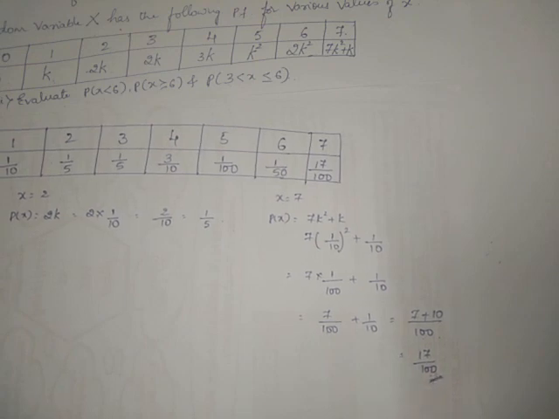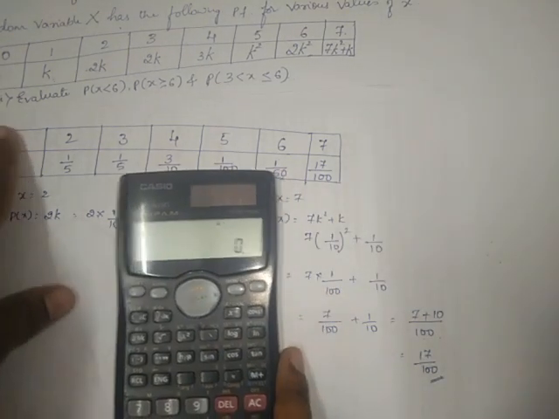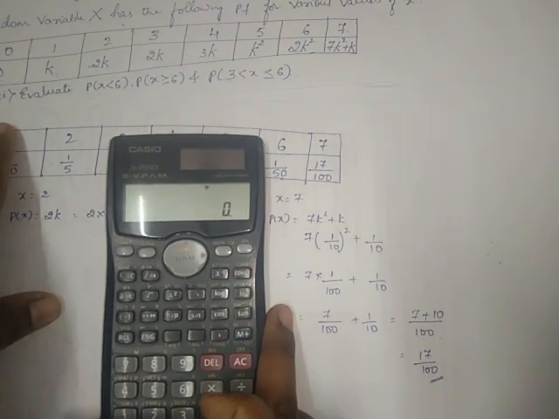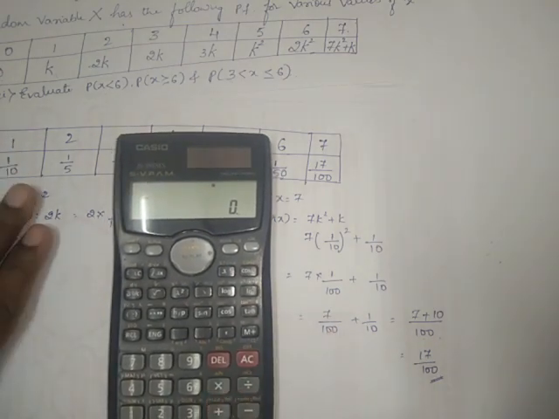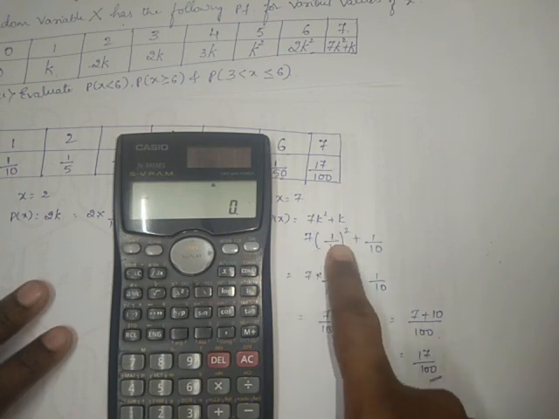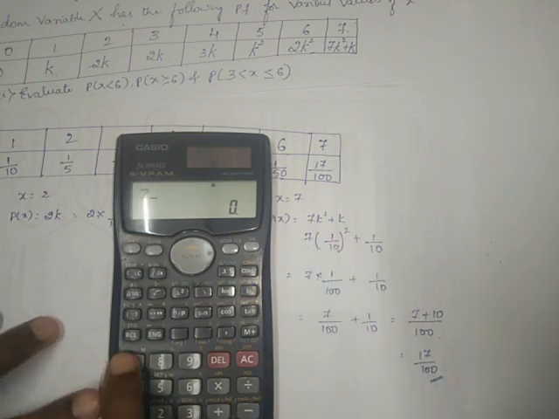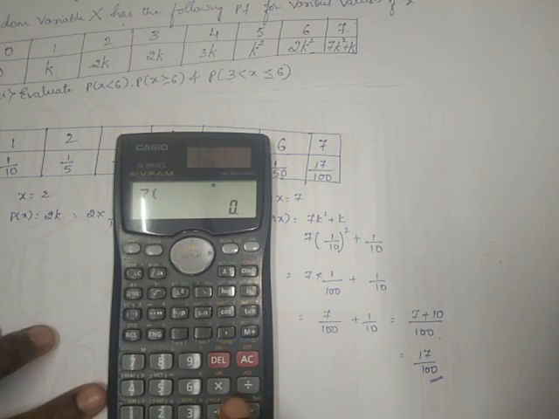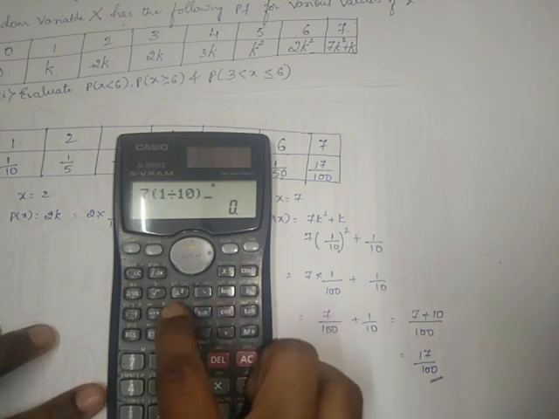Even you can solve this by using a calculator also. Let me show you. Here 7 into 1 by 10 whole square. 7, open the bracket, 1 divided by 10, close it, whole square. Here there is a square. Okay, square.